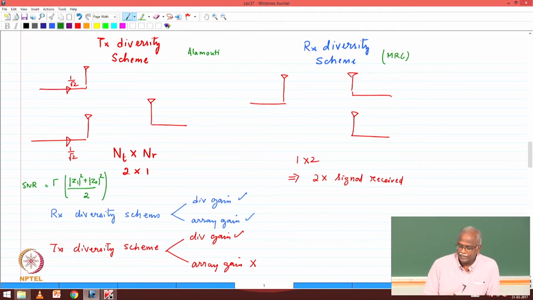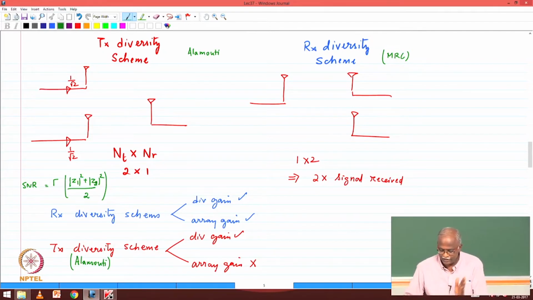So that is why we said that the Alamouti scheme does not have array gain, but it has the diversity gain, as opposed to receive diversity schemes like MRC, which give you both diversity gain and array gain.